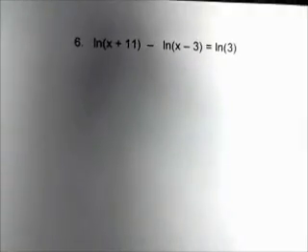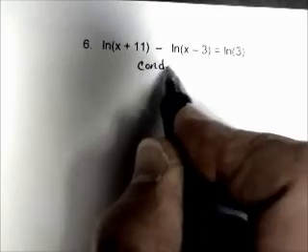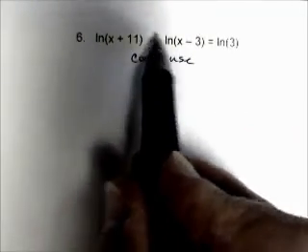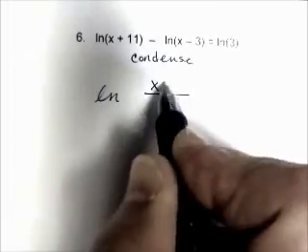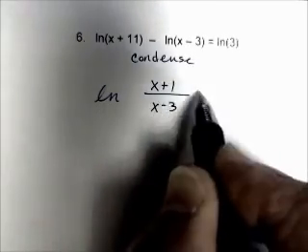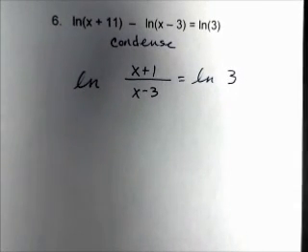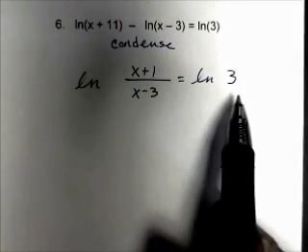Number 6, and we've got two ln's here, so condense. The subtraction meant it was division. Okay, now we have ln 3 on the other side. All right, good. So we have log terms on each side.